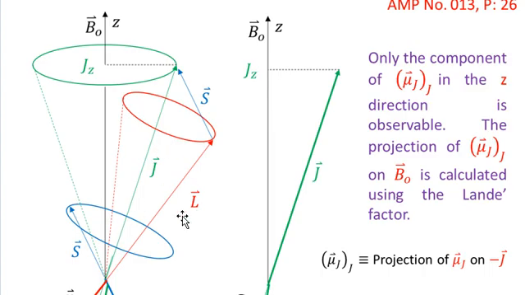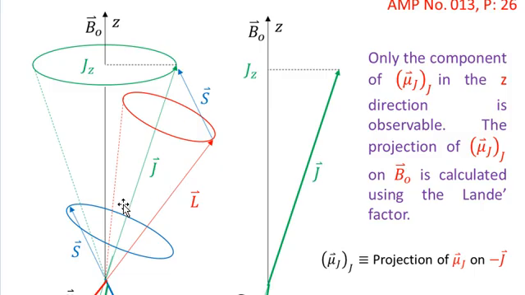And look at the capital L, which is the orbital angular momentum, and look at its tip. Its tip also traces out a loop over here. This red loop indicates that the orbital angular momentum also carries out a precessional motion about the total angular momentum J of the atom.